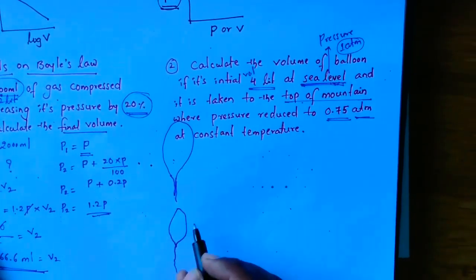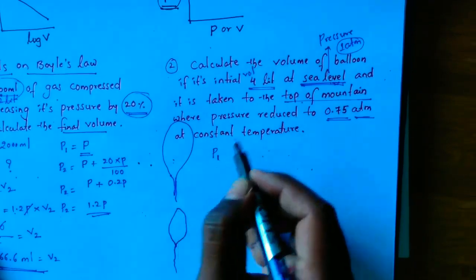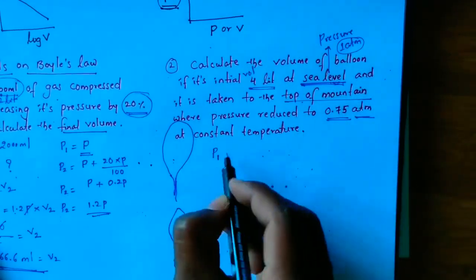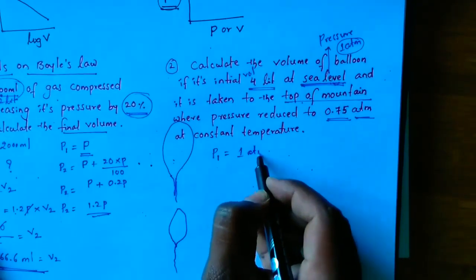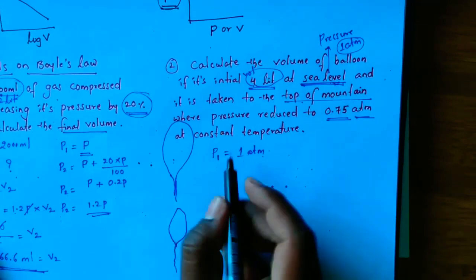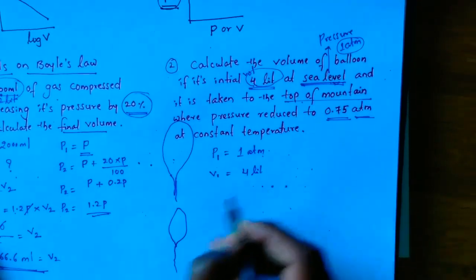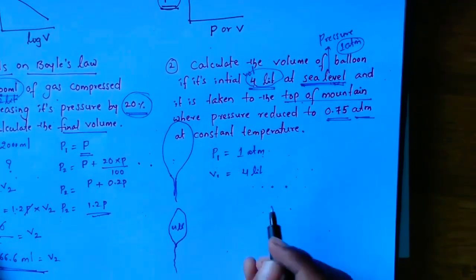Right? Here, what is the pressure P1 at sea level? 1 atmosphere, and the volume of the balloon V1 is 4 liters.